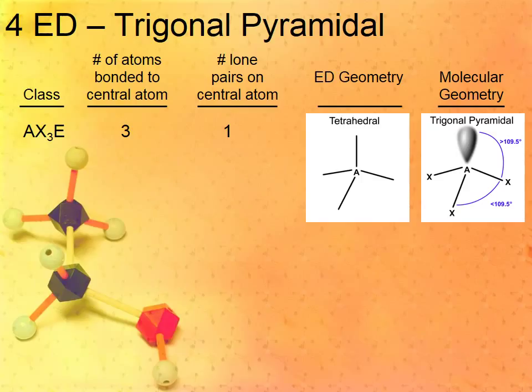And again, the lone pair pushes the other bonding pairs somewhat away from itself, making the angle between the bonding pairs a little bit less than 109.5. But once again, typically in most tests and web assignments, if you indicate 109.5, that's probably correct.